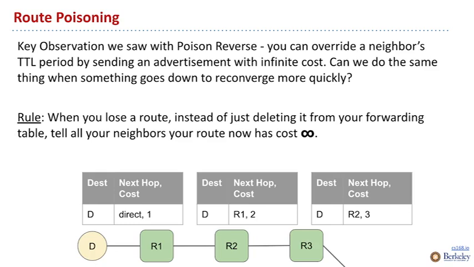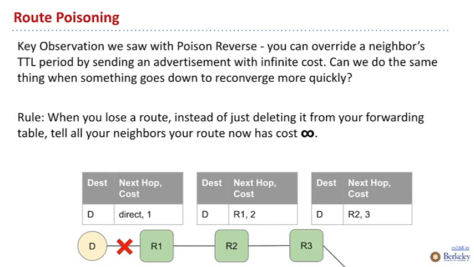So now with route poisoning, the rule is this. When you lose a route for whatever reason, instead of just deleting it from your forwarding table, tell all of your neighbors that your distance is now infinity. And the rule should make sense. You want to actively tell other people that now you can't reach that destination anymore, and try to update their tables with the cost of infinity.